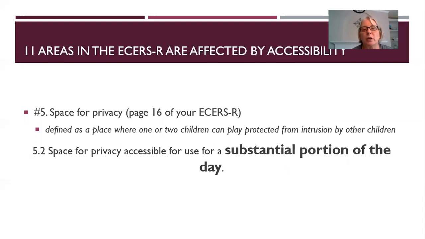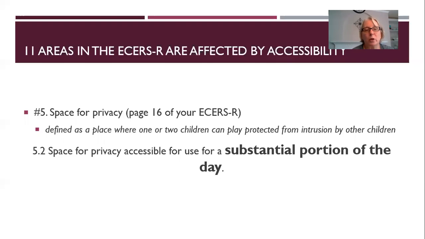The next area where you'll see a substantial portion of the day is item number 5, space for privacy. That's on page 16 of your ECERS-R, and they define space for privacy as any place where 1 or 2 children can play, protected from intrusion by other children. So that could be if your cozy area is limited to 1 or 2 children, or if you have a Play-Doh table, for example, that's set up for 1 or 2 children, or a computer station that's for 1 or 2 children.